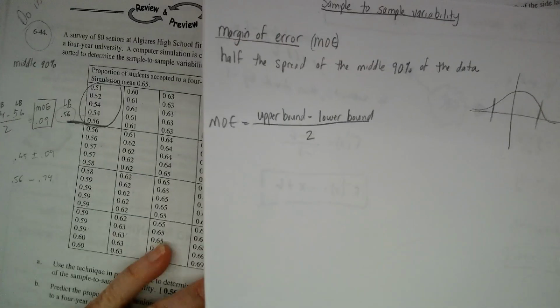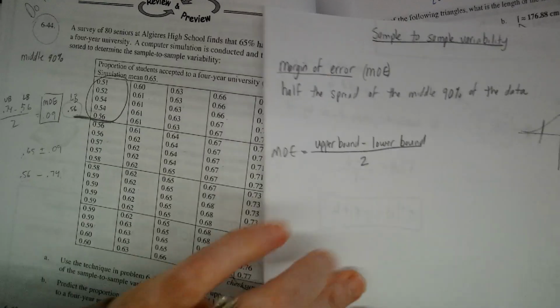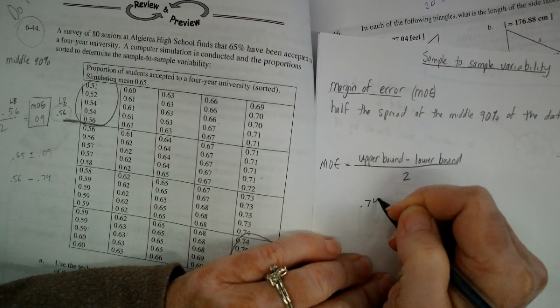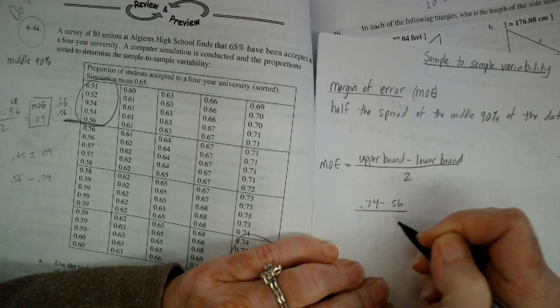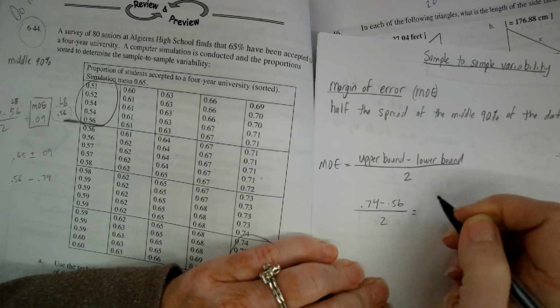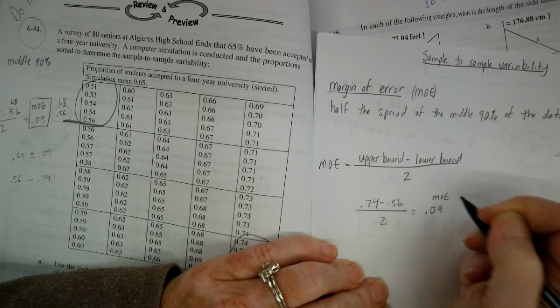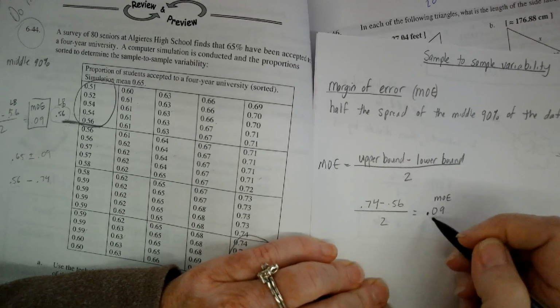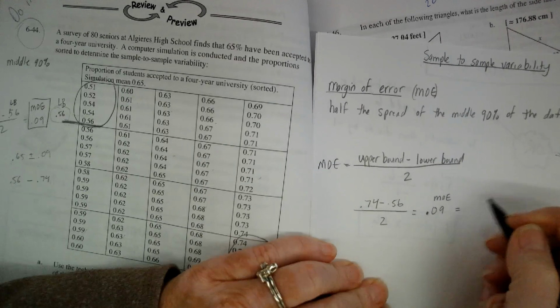So our upper bound was 0.74 and our lower bound was 0.56, and you divide the difference by 2, and that comes out to be 0.09, so that's our margin of error. As a percentage, I move the decimal two places to the right, so that's about 9%.